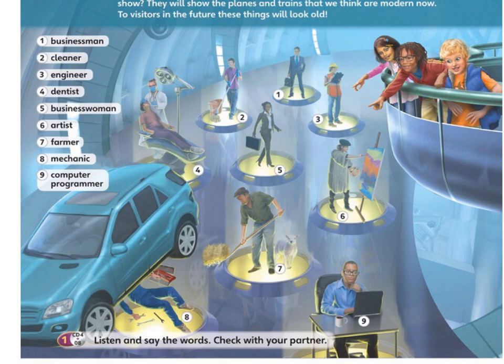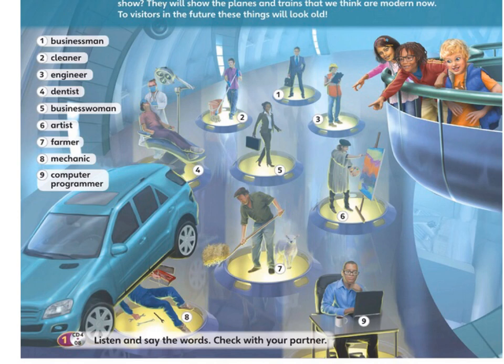Unit 8, Museum of the Future. Student's Book, page 94. 1. Listen and say the words. Check with your partner. 1. Businessman. 2. Cleaner. 3. Engineer. 4.